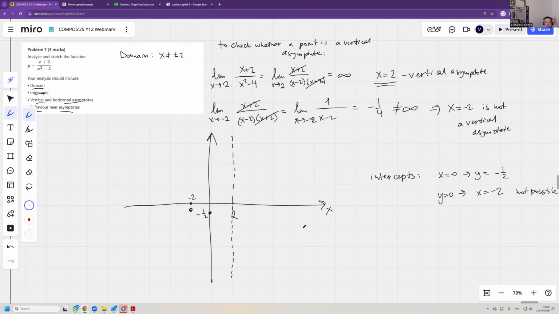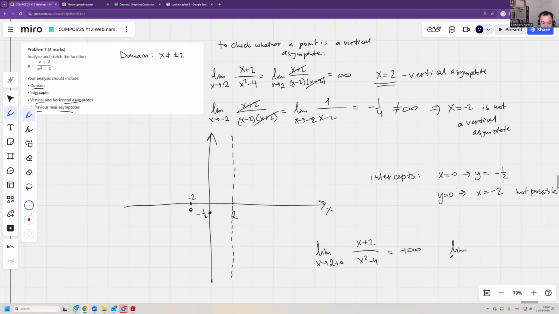As x tends to 2 plus 0, that means it tends to 2 from the right-hand side, and (x plus 2) over (x squared minus 4) becomes plus infinity.